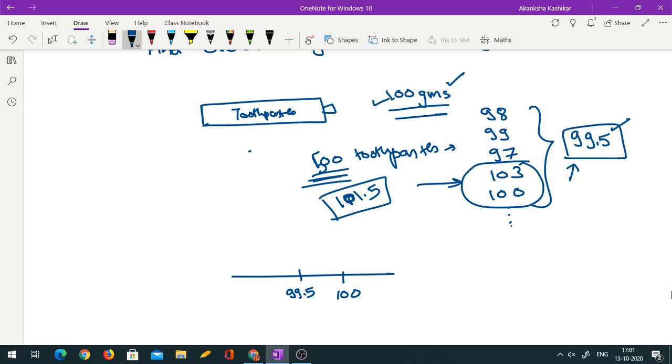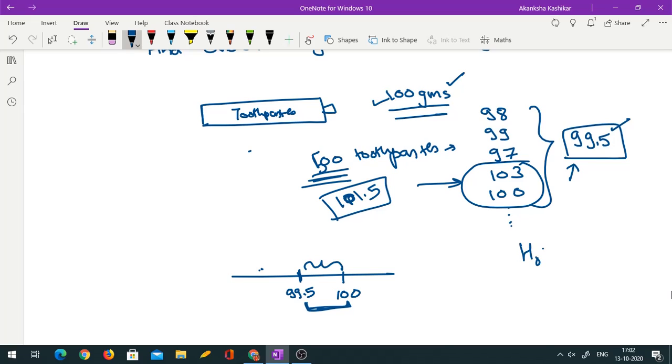So what we do is we construct some sort of test to decide whether this difference is significant enough to conclude that it has not occurred due to chance. What do I mean by occurring by chance? If you take another sample, are you still more likely to get values less than 100 than values equal to 100 or greater than 100? If that is the case, then only you can say that yes, the manufacturer is cheating.